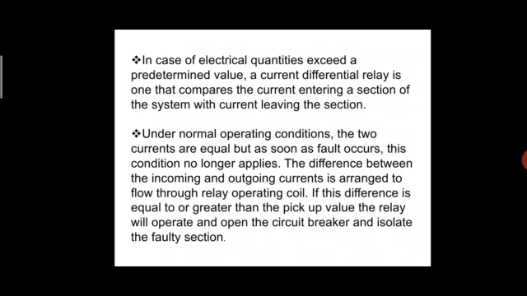The difference between the incoming and outgoing currents is arranged to flow through the relay operating coil. If the difference is equal to or greater than the pickup value, the relay will operate and open the circuit breaker and isolate the fault section.